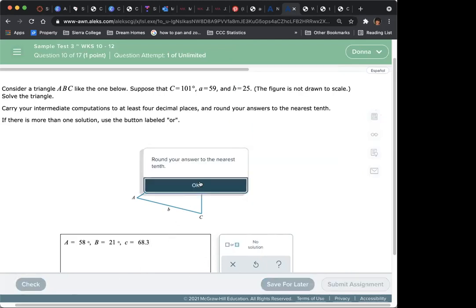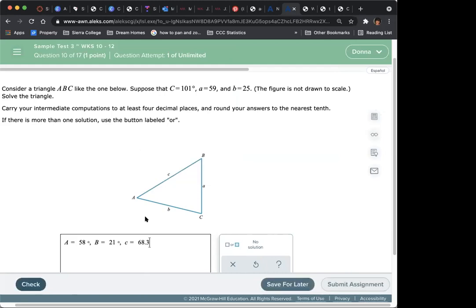Round your answer to the nearest 10th. Oh, no, this should be 58.0. Sorry.